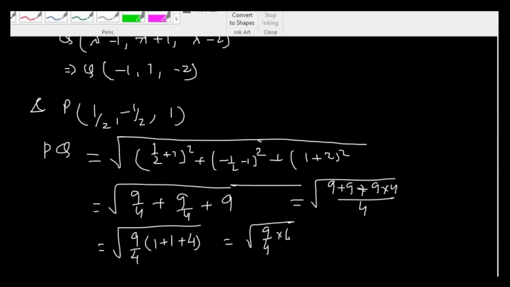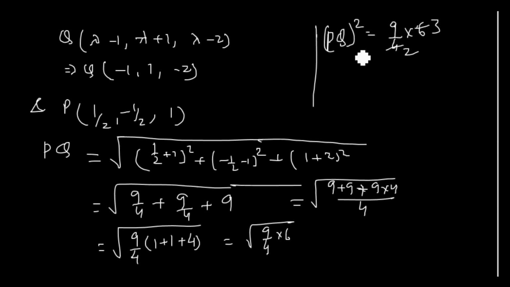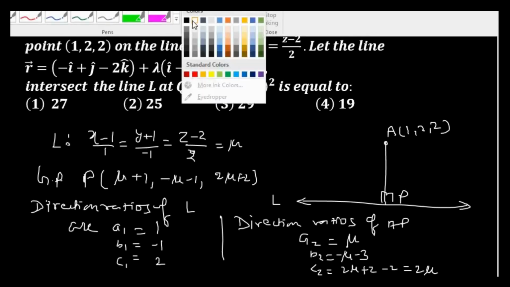But we have to find 2 times PQ square, so I find PQ square, which is 9/4 into 6. We can cancel this by 2, so this is 3, and 2 PQ square is 9 into 3, that is 27. If we see the options, the first option is the correct option, that is 27.